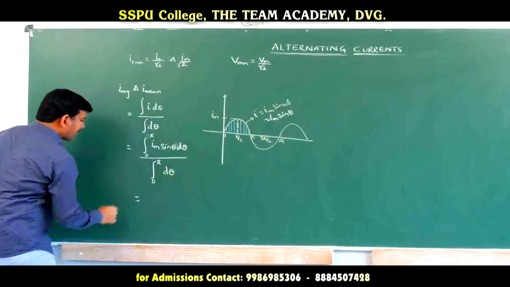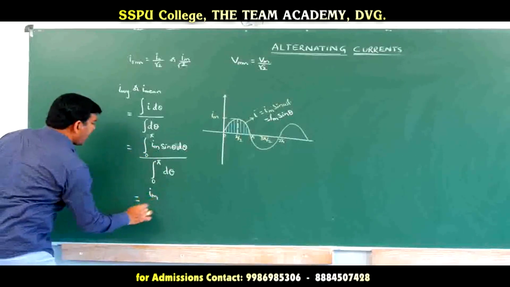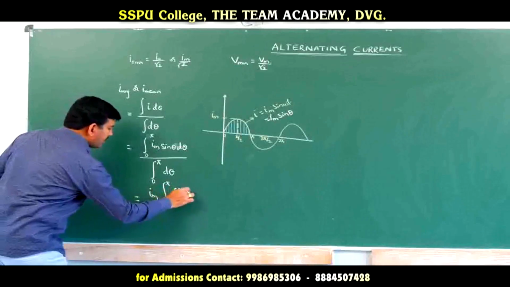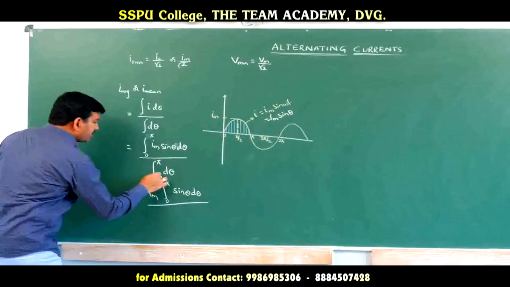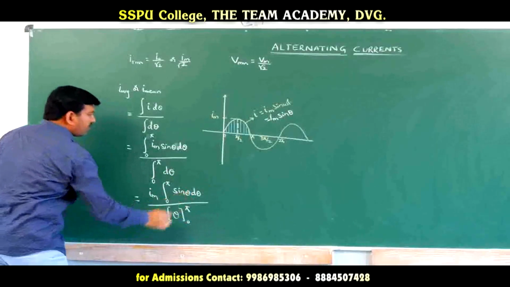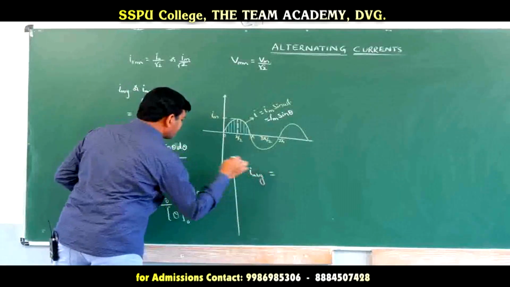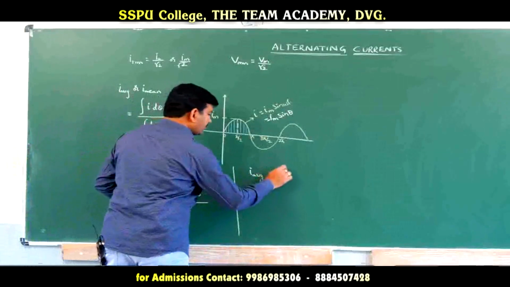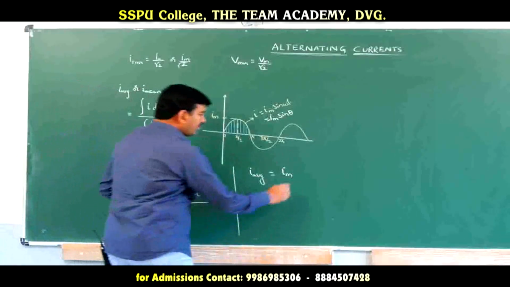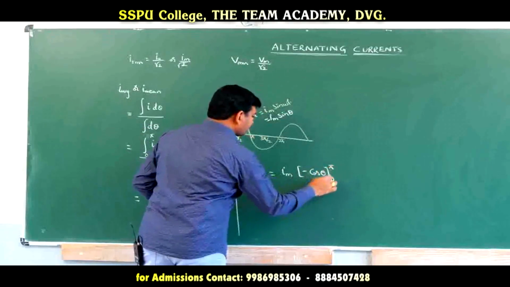So what is its value? Im being the constant peak value, I can write it outside of the integration. Im into integral 0 to pi sin theta d theta divided by integral d theta, which is theta, with limits varying from 0 to pi. Now I average or I mean is equal to Im into, sine integration is minus cos, therefore minus cos theta, where the limits vary from 0 to pi.